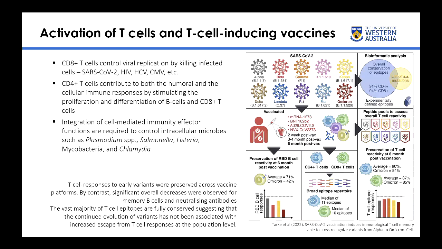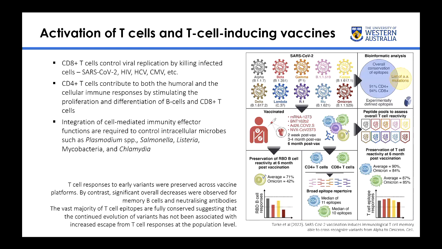So the T cell responses to the epitopes are still quite high, and higher than the neutralizing antibodies. This is what is believed to give protection even after 6 months, when we know that antibody levels start to wane.